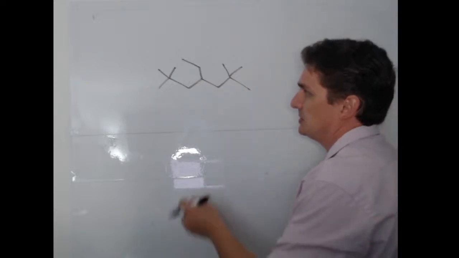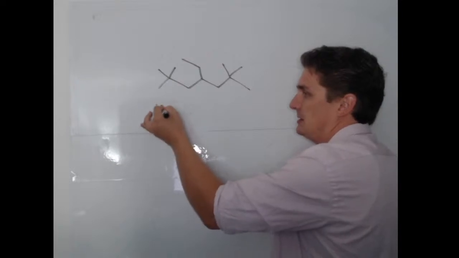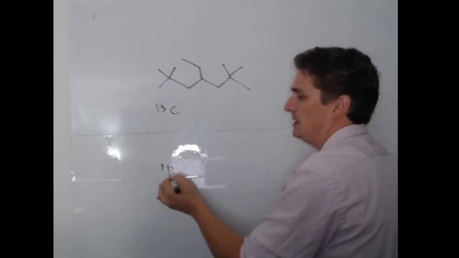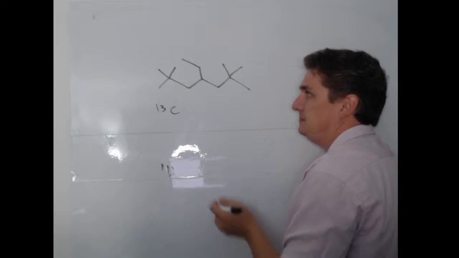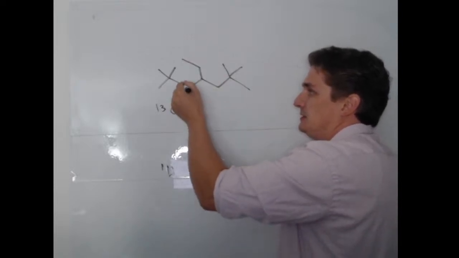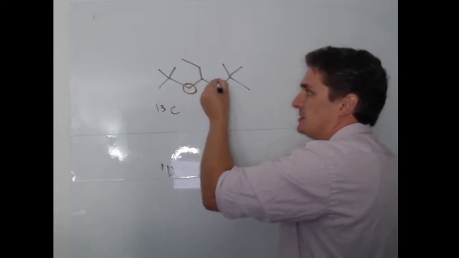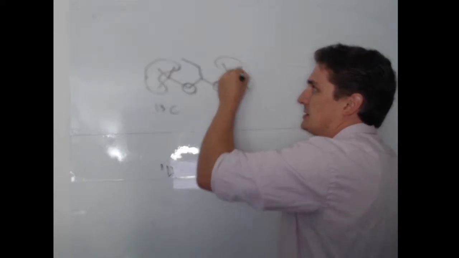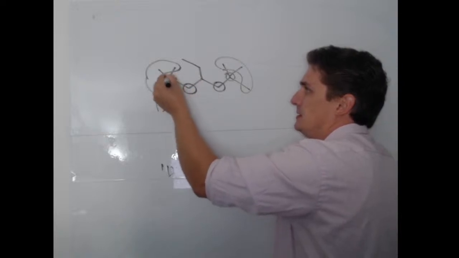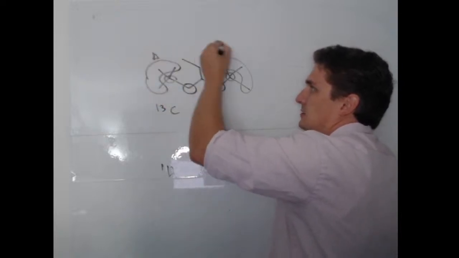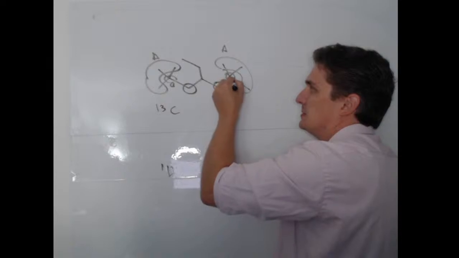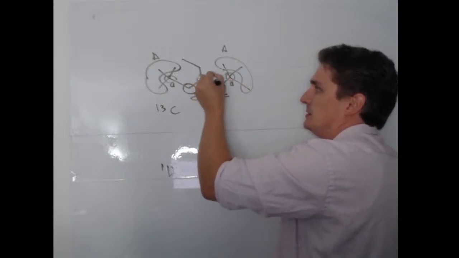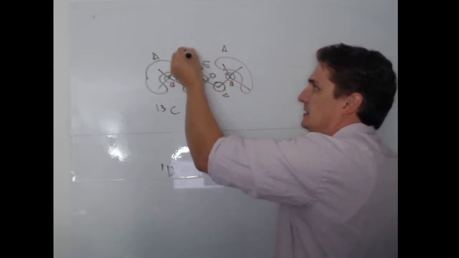So if we look at the structure, we want to know the carbon 13 and the 1H and what we'd expect to see. So by symmetry, these are the same. These are the same. And these are the same. So we have an A group, a B group, a C group, D, E, and F.